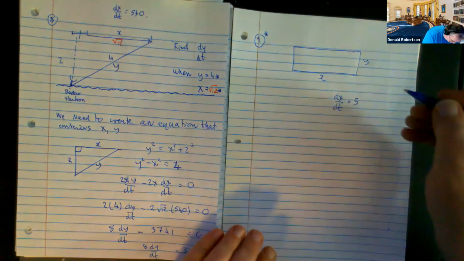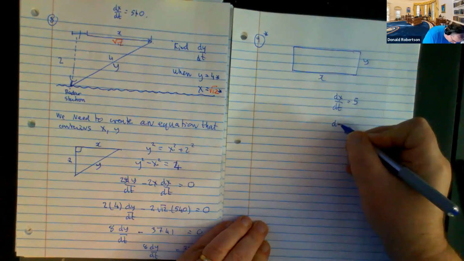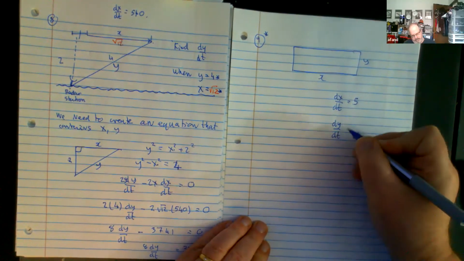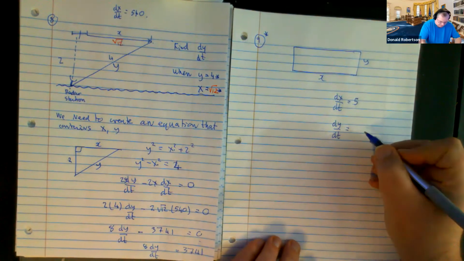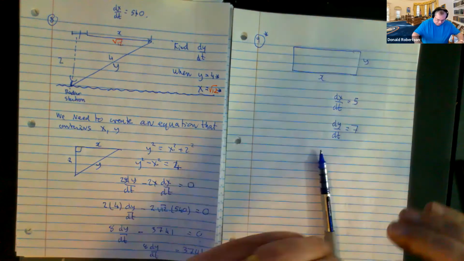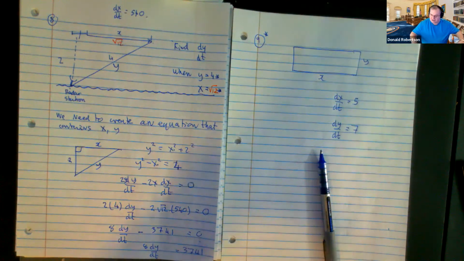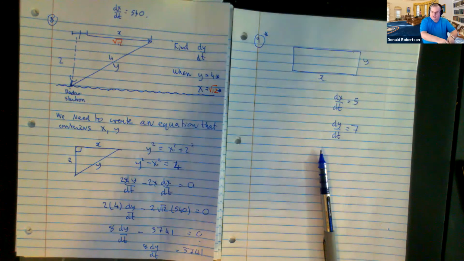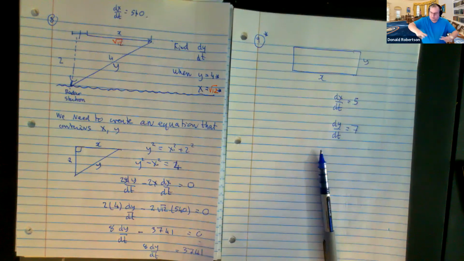And its width is increasing, they tell me. So its width is this guy, and it's increasing at the rate of 7. So if you imagine this rectangle is growing in size with time, with t, right? And it's growing like 7 going this way and 5 going that way. So it's growing asymmetrically.